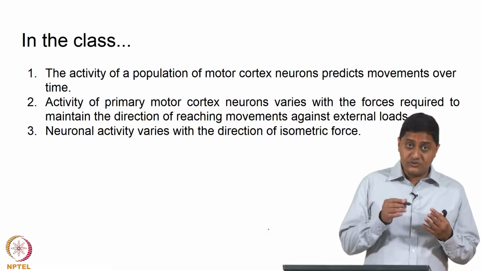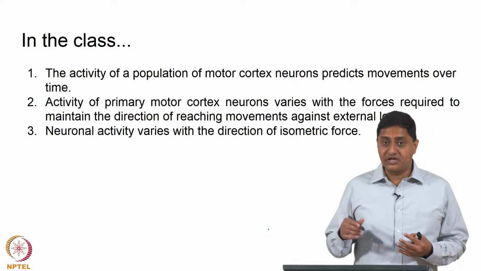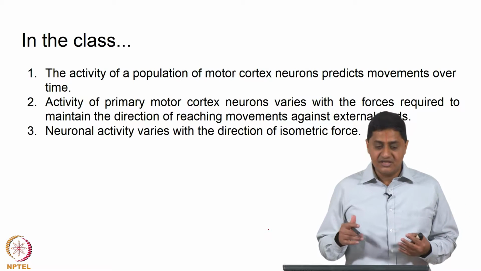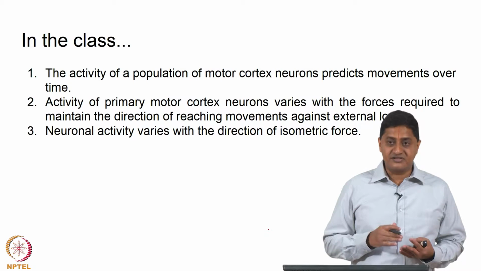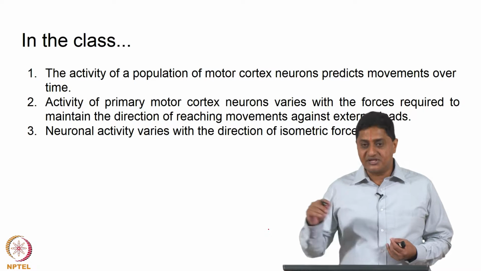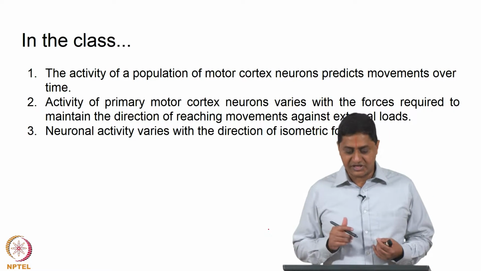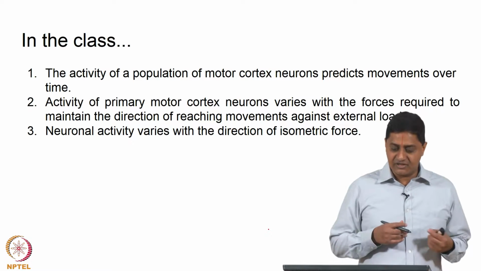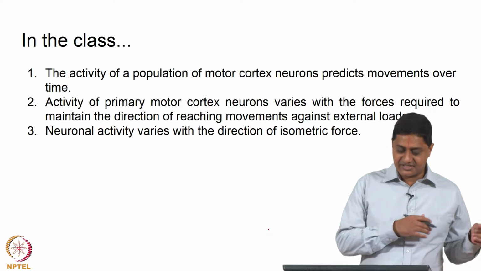Each neuron has a directional tuning curve or a preferred direction. Summing all the activities of all these neurons at a given point in time will give you an approximate prediction of the direction in which the movement is going to happen. This is the work of Georgopoulos that we discussed in the previous class.